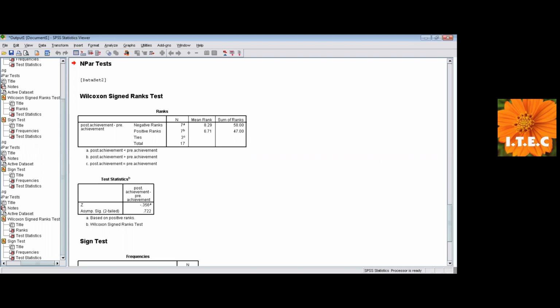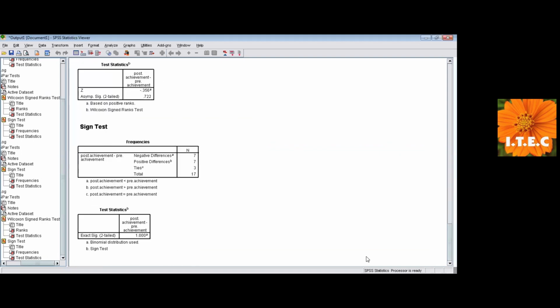Let us see the sign test. In the sign test also, just see, negative are 7 and positive are 7, and they are not different. That means due to the intervention, an equal number of people improved and an equal number of people's achievement decreased.